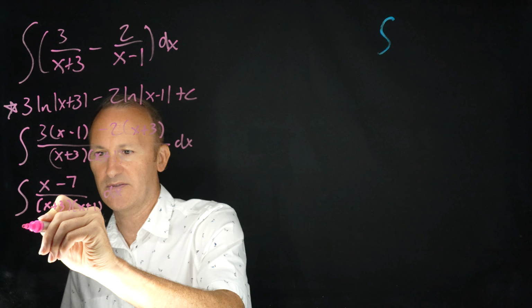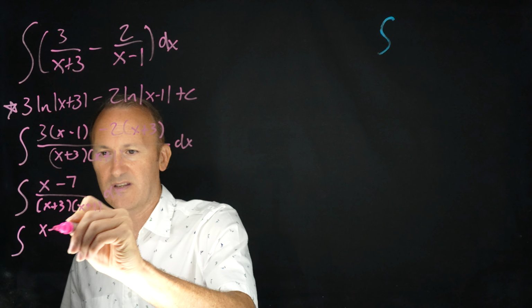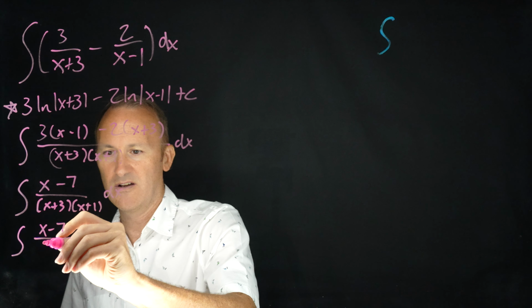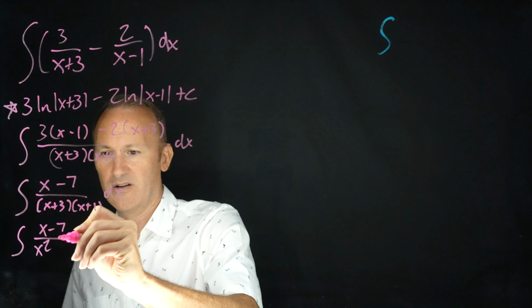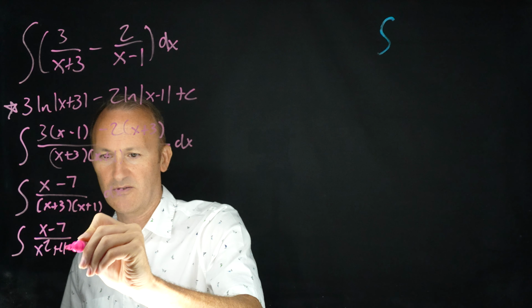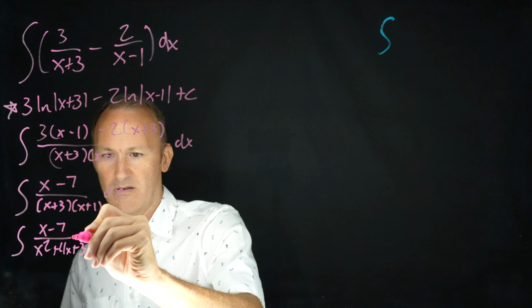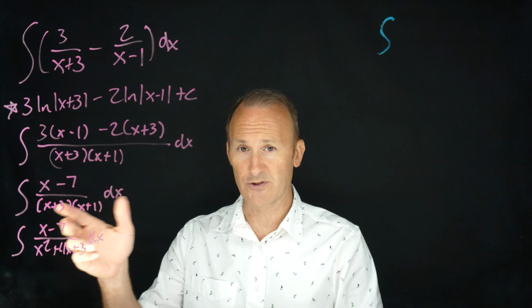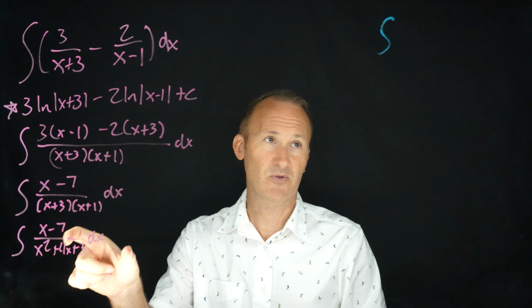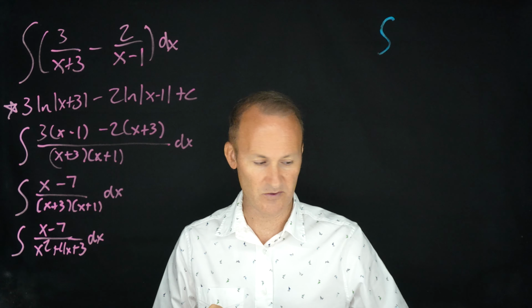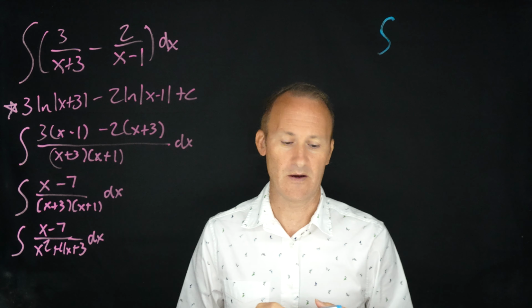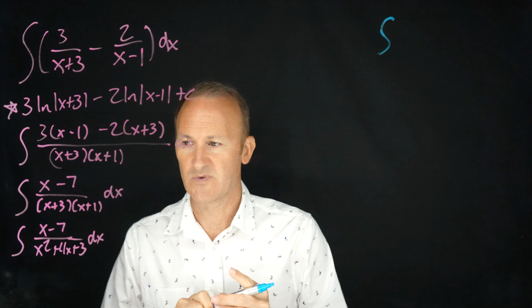So this is also the same as x minus 7 over x squared plus 4x plus 3. That's kind of interesting because this is typically what you are actually going to start with. Okay, so let's consider something similar.